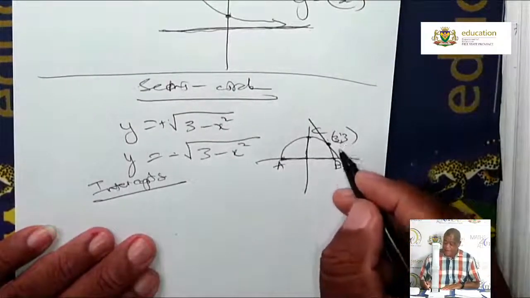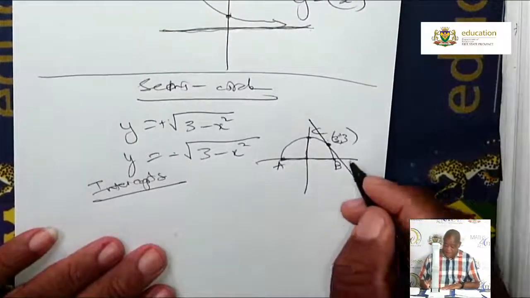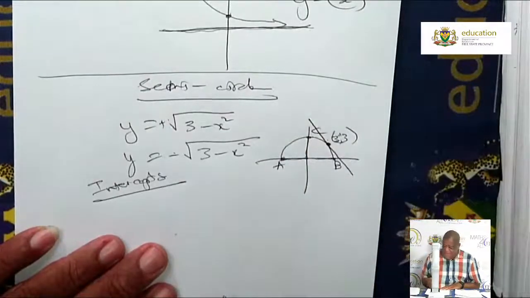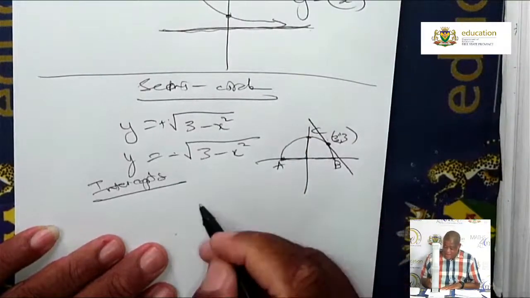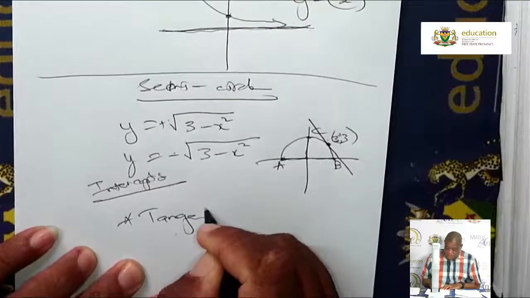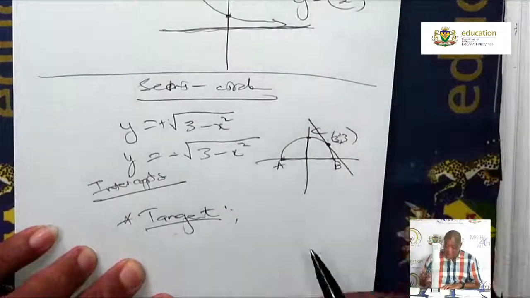And the examiner will now ask for the equation of the line. That means he's bringing in the linear function in the form of a tangent into the semicircle.